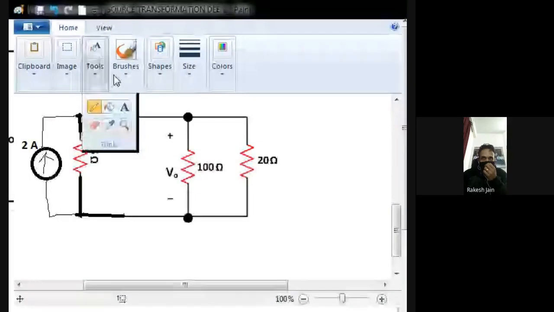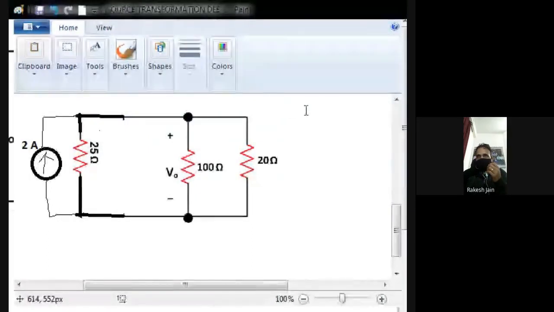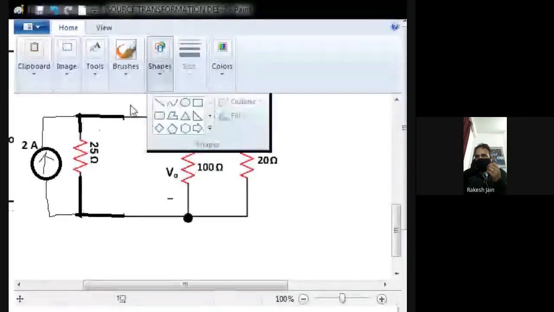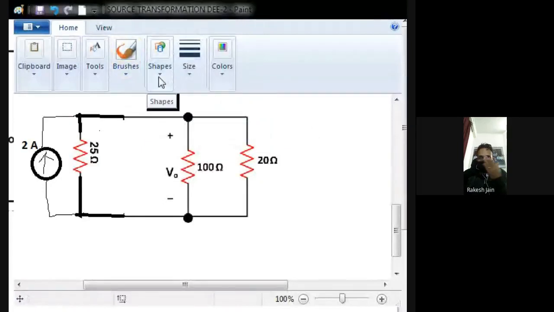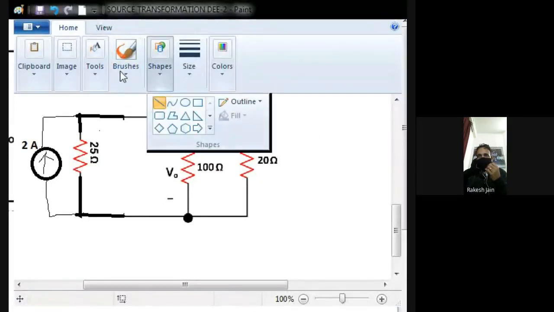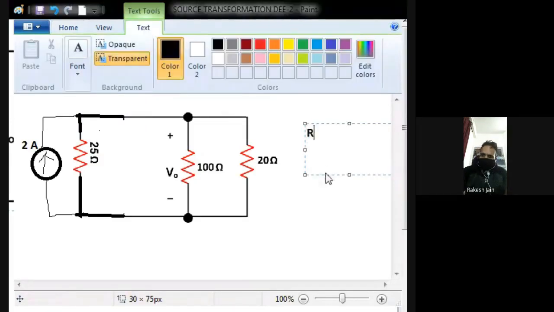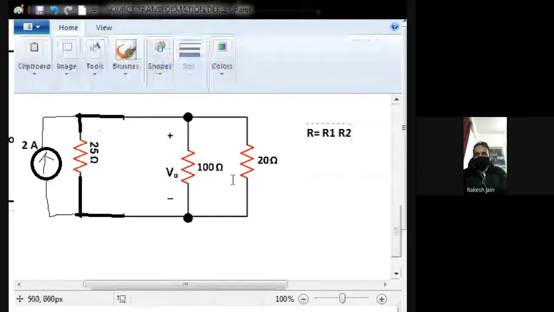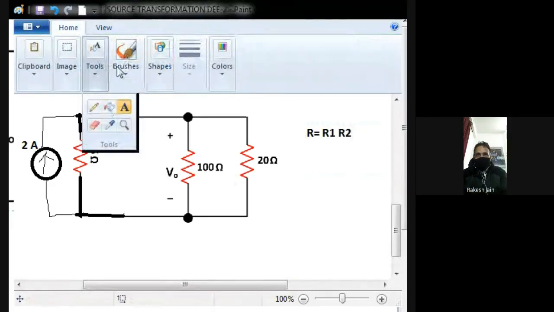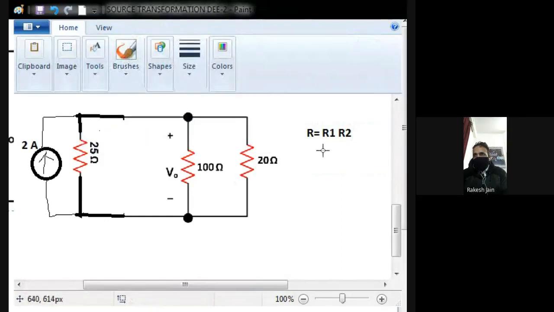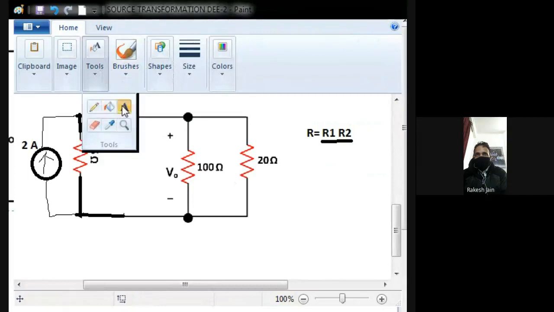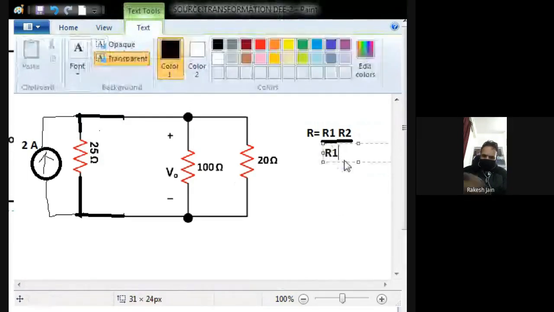To solve this circuit, we see this 25 ohm and 20 ohm are in parallel, and we know that whenever resistances are in parallel, how will we calculate the resultant value? If two resistances are in parallel, then the equivalent resistance is equal to R1 multiplied by R2 divided by R1 plus R2.